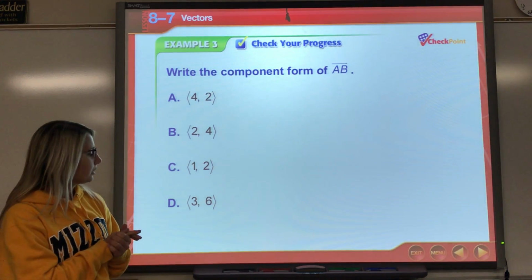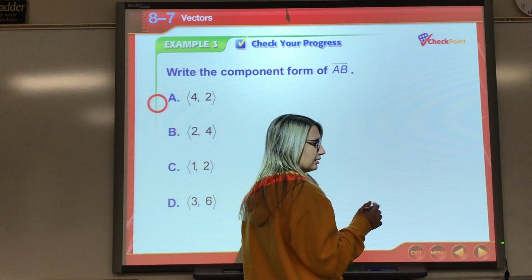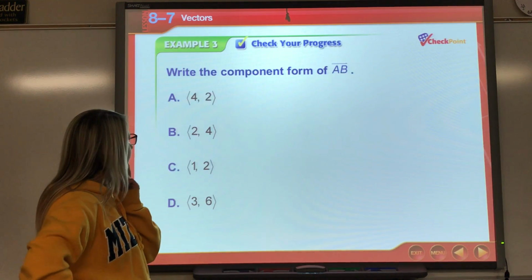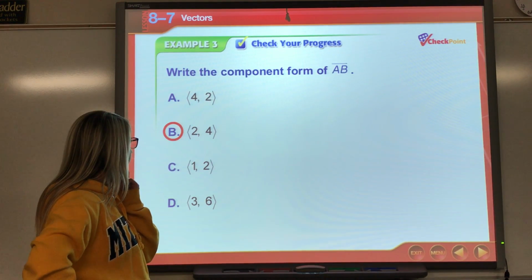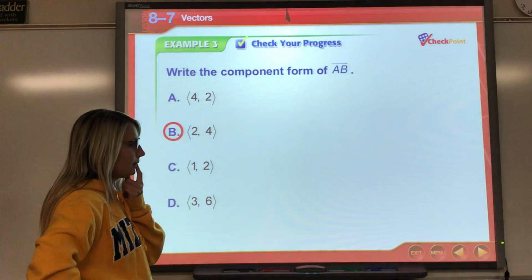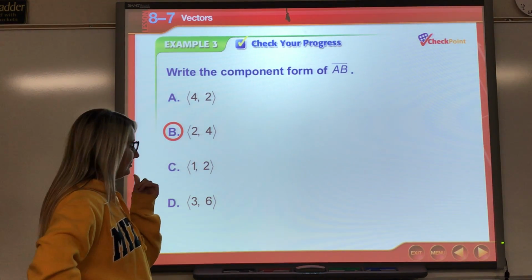Uh-oh, we're missing a picture. Mr. Knudsen, can you show me what the picture's supposed to look like? Or try getting it to load. Yeah, it won't just show up on here either. Yeah, let's make one up.